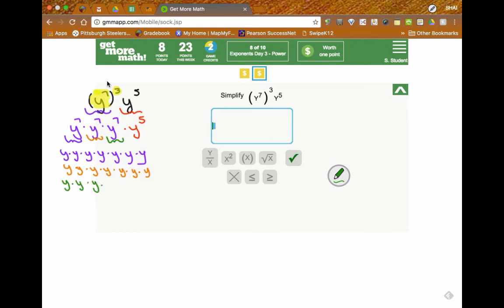So notice how I'm writing out y to the 7th 3 times. And then I have this extra y to the 5th, which is you're just putting out 5 y's. So then to get my answer, since they are all y's, you're going to have a y, and then you just count to the 26th power. So we're going to type y exponent 26, and that should be it.